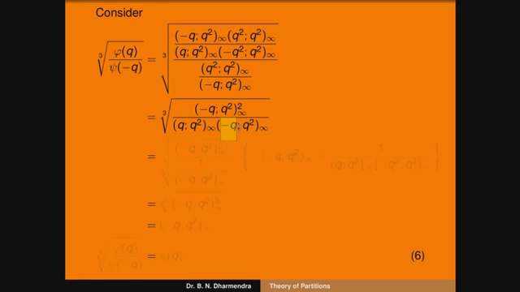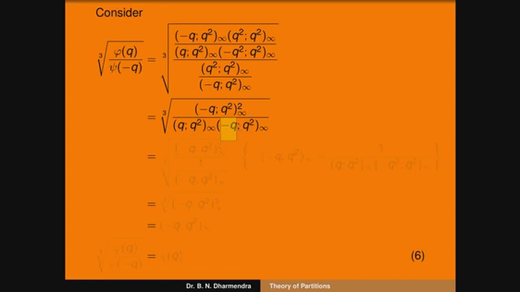So by using the Euler identity, this can be written as (minus q; q squared) infinity, that is nothing but (q; q squared) infinity into (minus q; q squared) infinity.